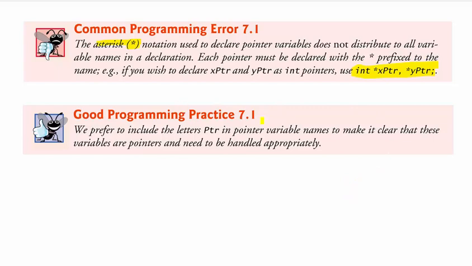You have to say int asterisk pointer 1, asterisk pointer 2. So like this example, this is correct if you're declaring more than one pointer. The other thing that has good programming practices: your textbook likes to use PTR in the pointer variable names. I learned C originally from a different textbook. I use P in mine. So your author likes to say X pointer, Y pointer to declare a pointer.